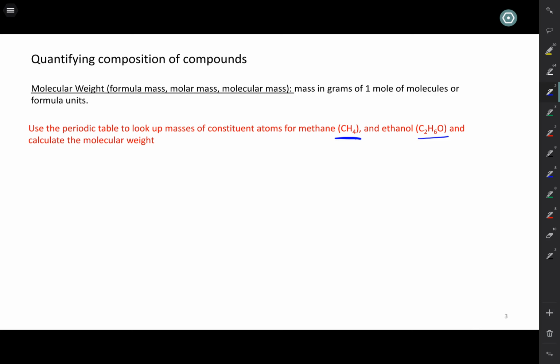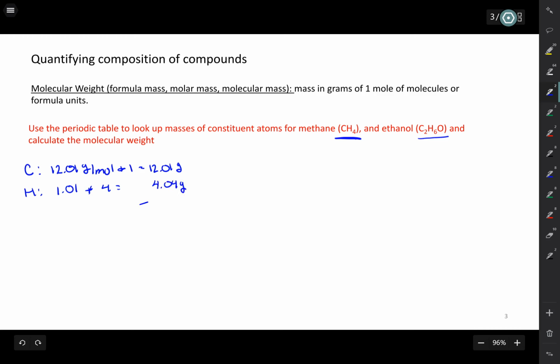Great. Hopefully you got these. So we'll do methane really fast together. Carbon is 12.01 grams per mole. And we have 1 of those, so 12.01 grams from carbon. Hydrogen, again, is 1.01 times 4, so we should have 4.04 grams from that.